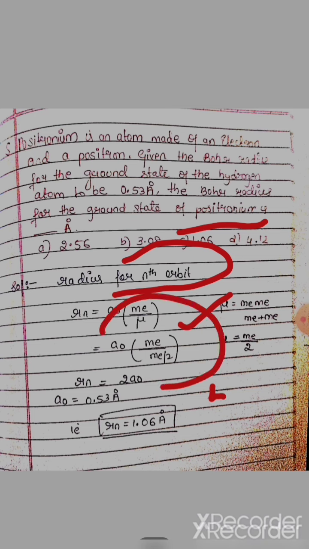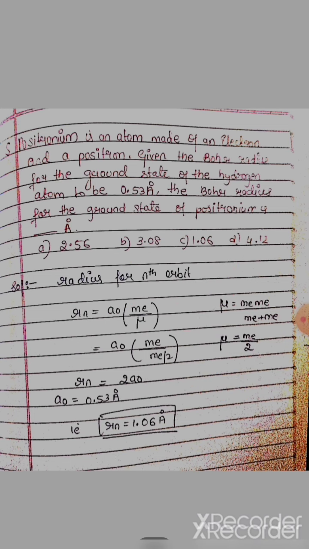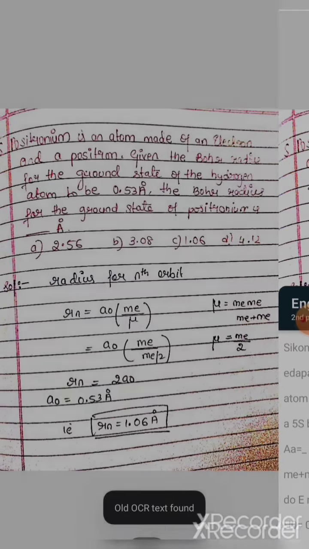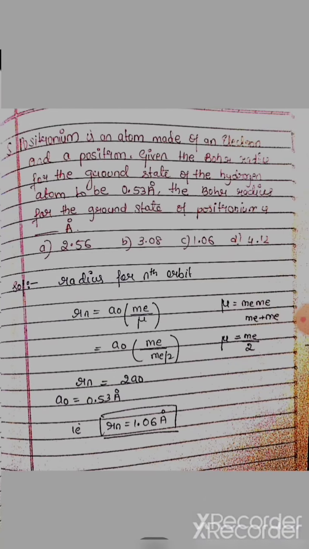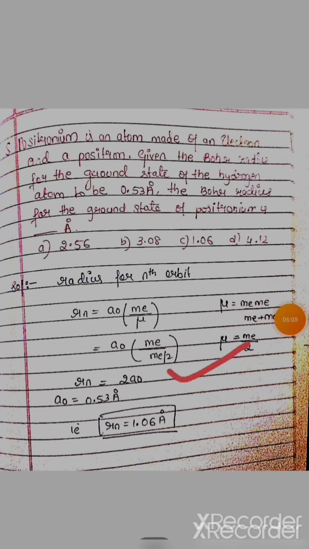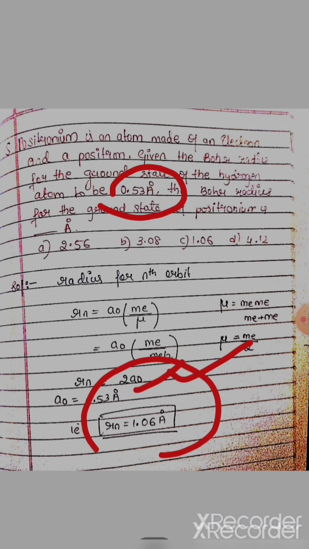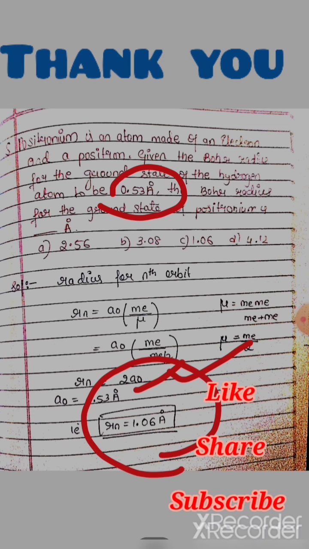Just simplify this, 2 will go on the upper side, me by me will get cancelled, so the remaining will be the radius Rn is equal to 2 times a naught. Here the a naught value is already given, that for the hydrogen atom the ground state Bohr radius is 0.53 angstrom. Substitute the a naught value and the radius of positronium in the ground state will be 1.06 angstrom.